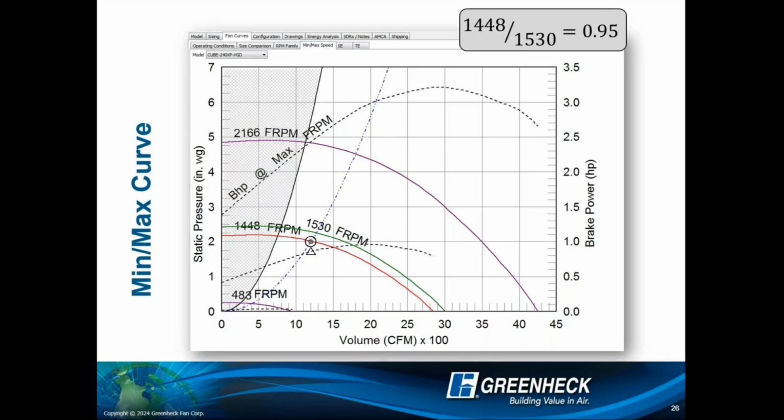Okay, so is this a good fan selection, right? Is the ability to speed up 5% and speed down, turn down 70%, is that what I want? Am I very confident in the design and installation of all the different parts that I'm going to be within that 5%?